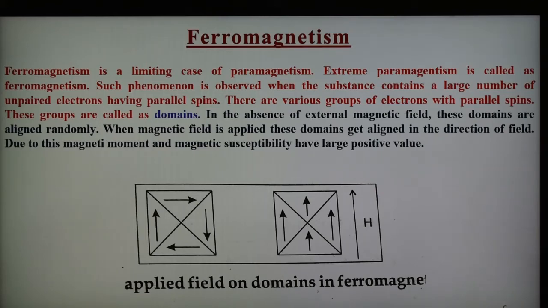With increase in temperature, the magnetic susceptibility decreases rapidly up to a certain temperature, known as the Curie temperature. Above this temperature it shows a decrease in magnetic susceptibility similar to paramagnetism, and therefore for ferromagnetic substances the Curie law can be written as chi equals C upon T minus Tc.